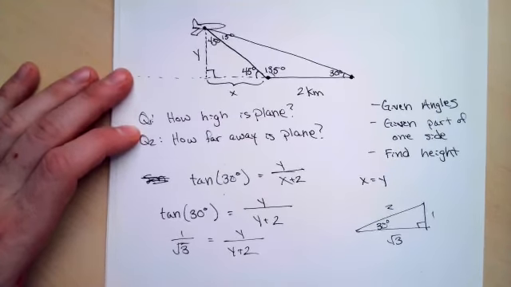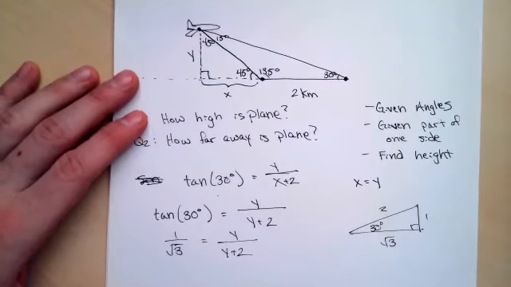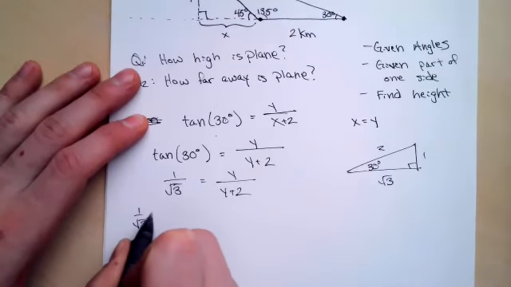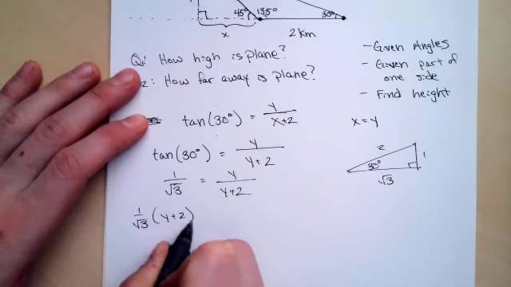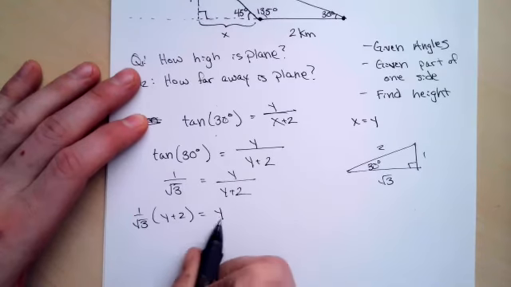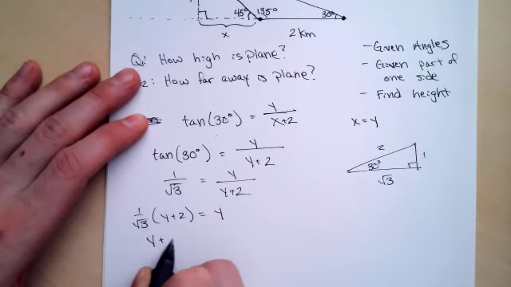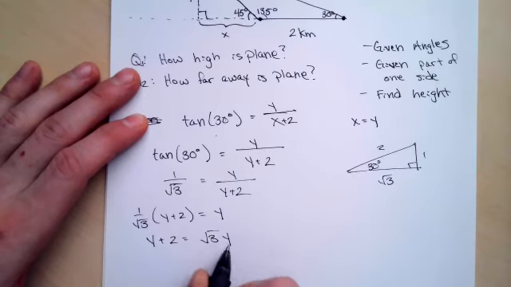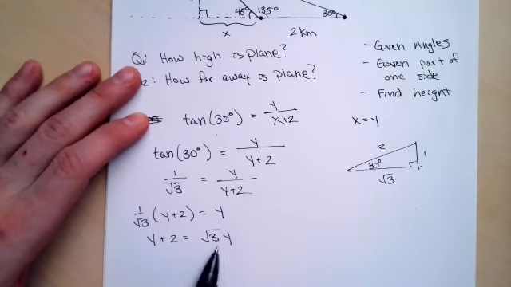And now all that's left is to solve for y. So we'll have 1 over square root of 3 times y plus 2 equals y. Let's just multiply that square root of 3 over. Square root of 3 times y. Square root of 3 is bigger than 1.